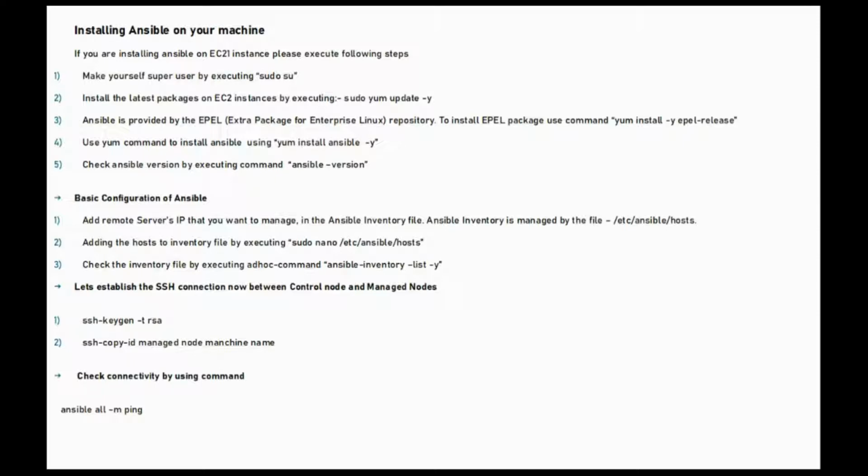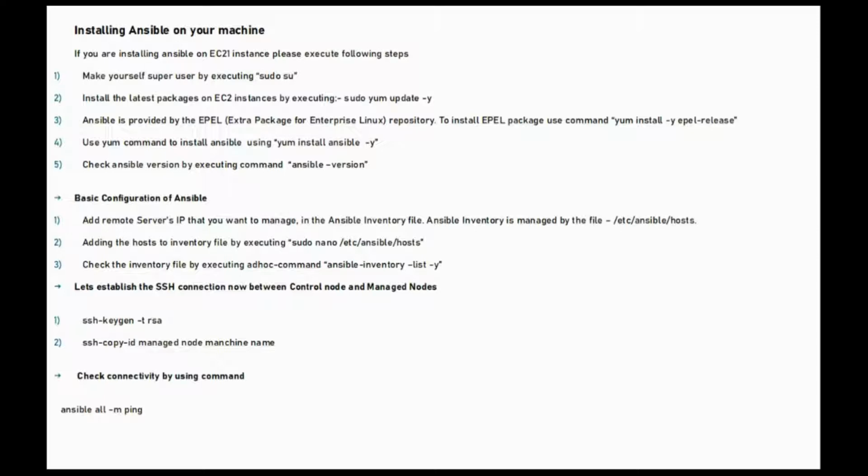So the first one: you have logged into your AWS account and you have created the EC2 instance. Now you want to install Ansible on that machine. The first command you need to do is make yourself a super user. How can you do that? By executing a simple command called sudo su.